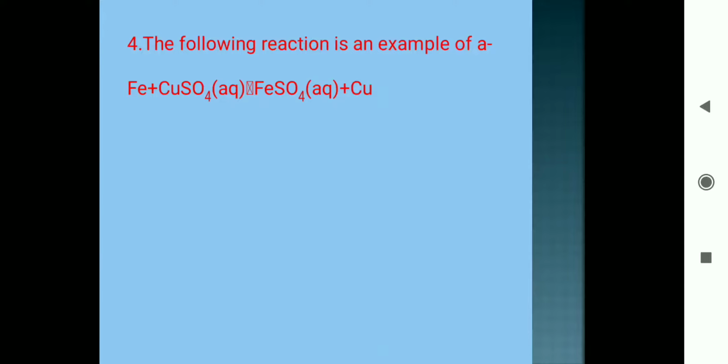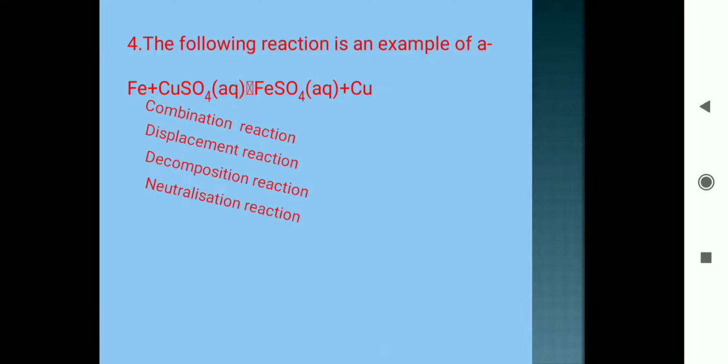Fe plus CuSO4 gives rise to FeSO4 plus Cu. In this, we can observe that iron is more reactive than copper. Iron is displacing the copper from copper sulfate. So we can say that this is a displacement reaction.